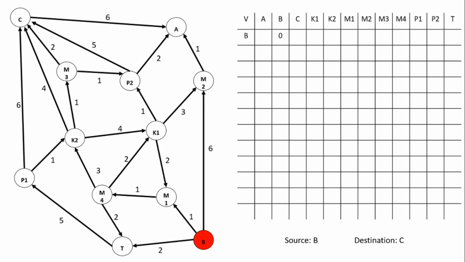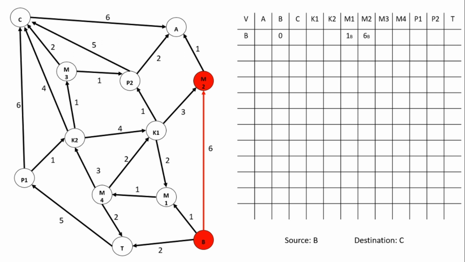Then, add vertex B to M1 so that we can get the total distance of M1 coming from B, which is 1. Next, visit the other reachable vertex, which is M2. Add 0 to 6, so we will have 6 for M2 coming from B.